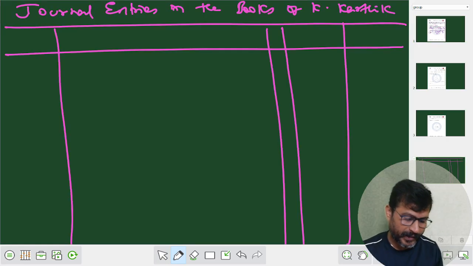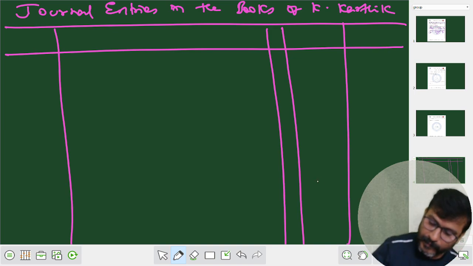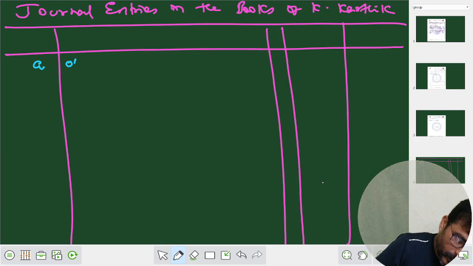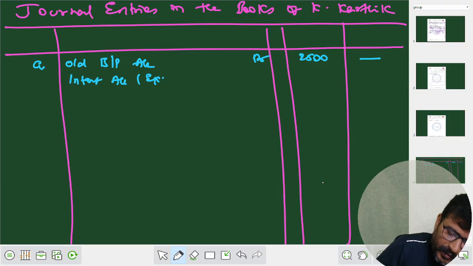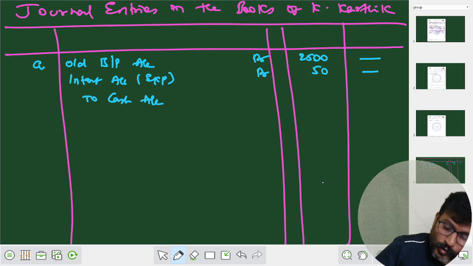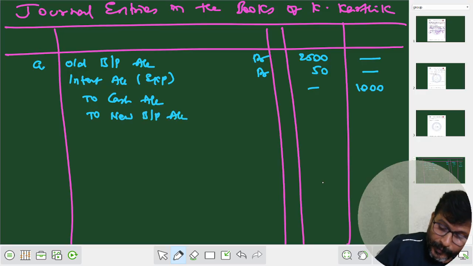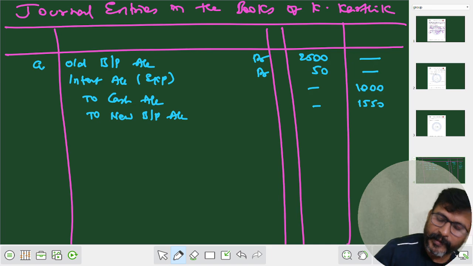Now your journal entry will be: old BP account debit 2500, interest account as an expense debit 50, to cash account 1000 rupees paid, to new BP account 1550.